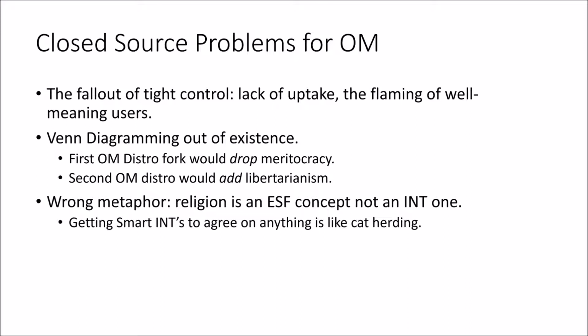But to say that meritocracy is mathematically deduced from their base system isn't just wrong, I mean, it's just an opinion, or they are just left-leaning types of people, and that appeals to them. And the second distribution would be someone would add libertarianism, which is my inclination.